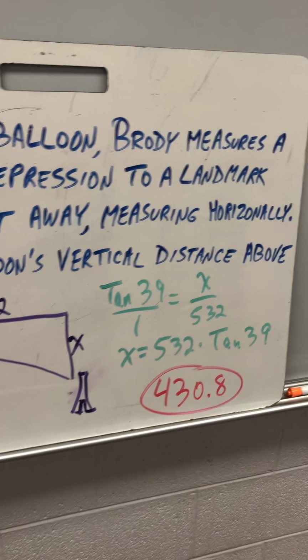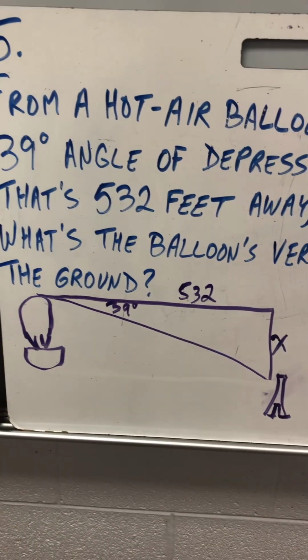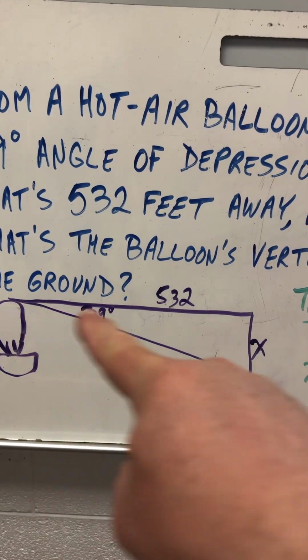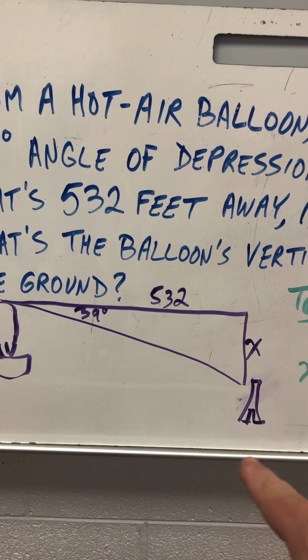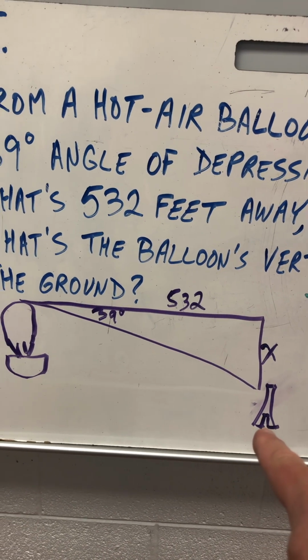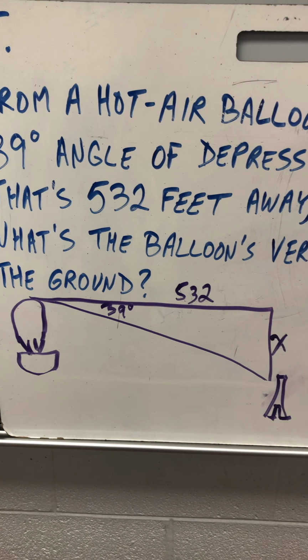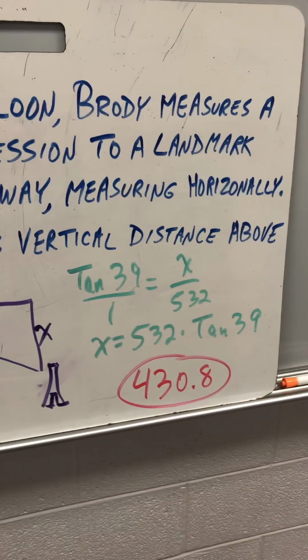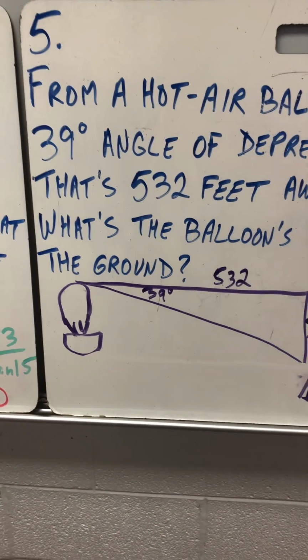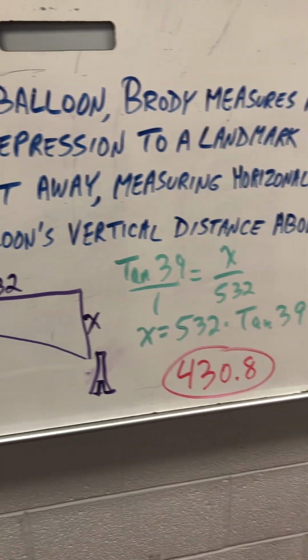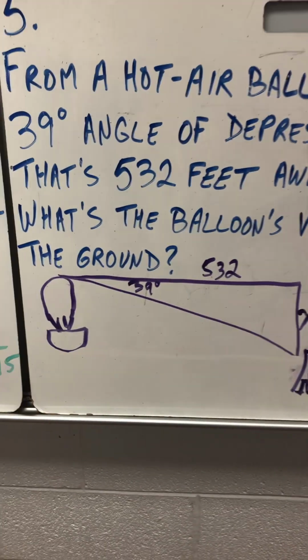All right. Angle of depression to a landmark that's 532 feet away. So this is 532 feet. Here's my landmark. Okay? Measuring horizontally. What's the balloon's vertical distance above the ground, right?